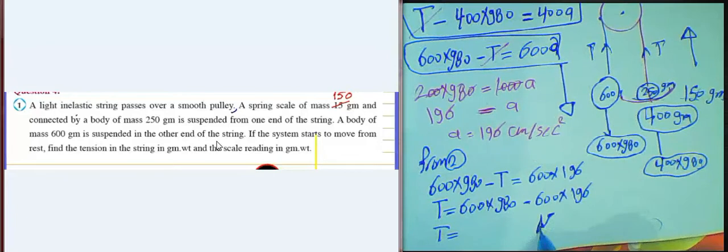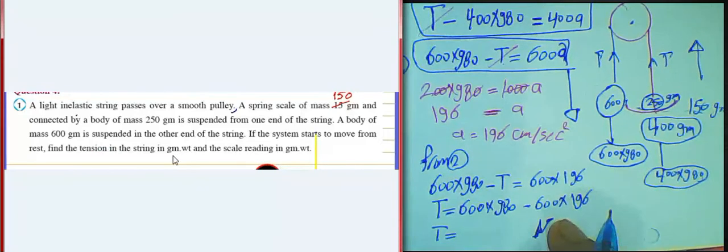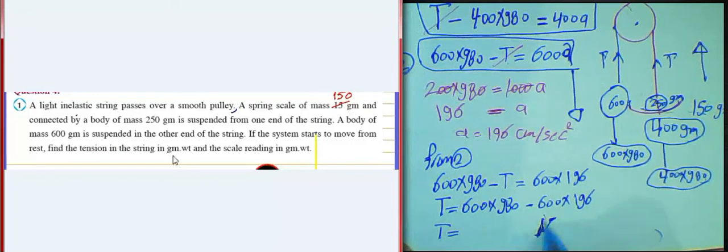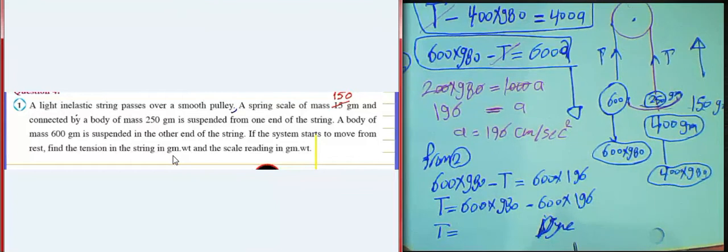If you want to convert the result to gram weight, look at here. The system starts to move, then V equals 0, okay? And the tension in gram weight. If you want to find gram weight, we must divide by 980. It will be dyne, sorry, it will be dyne. Convert from dyne to gram weight by dividing by 980. So you can find it by using a calculator.